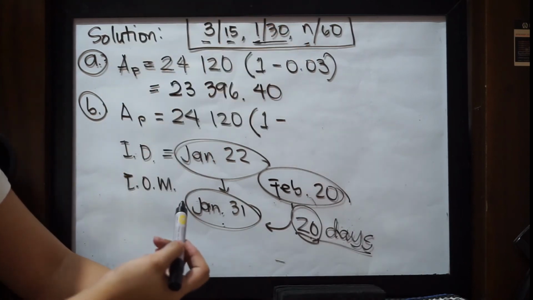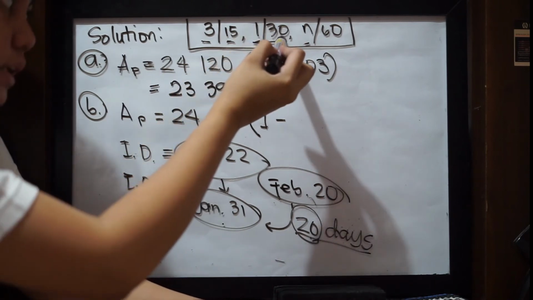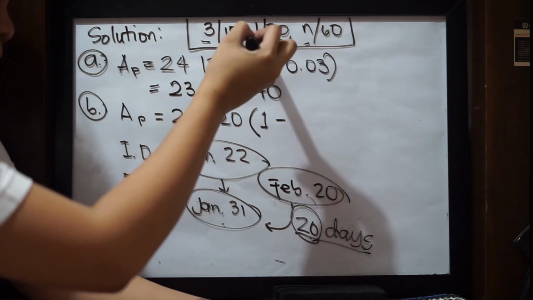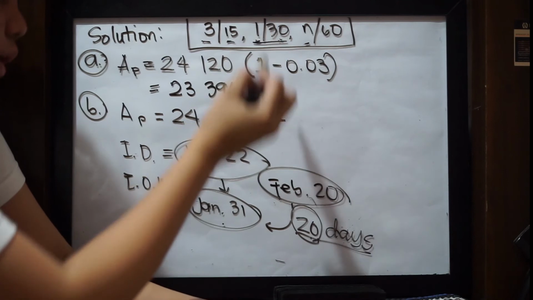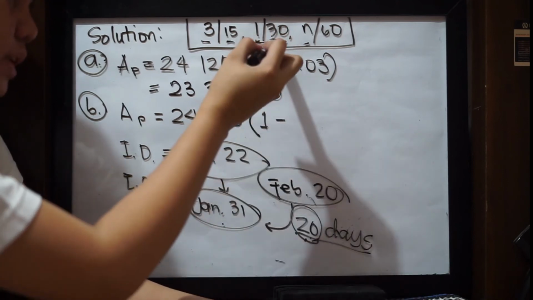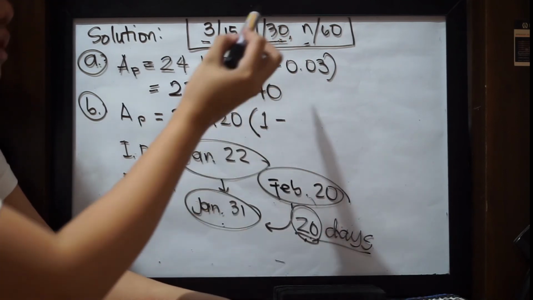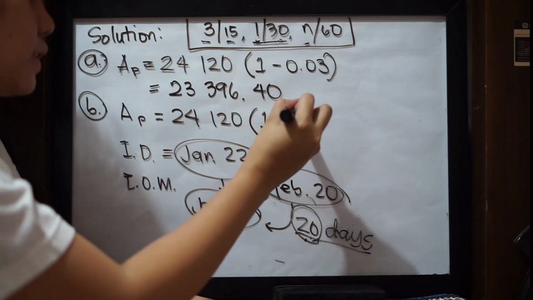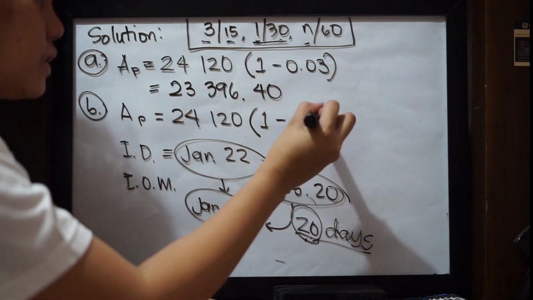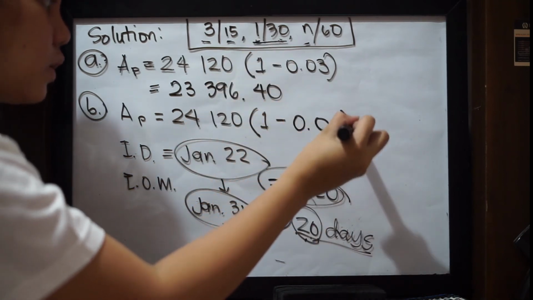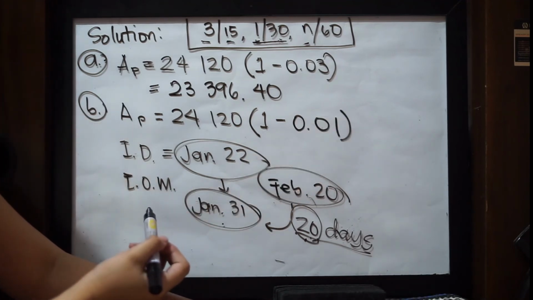1/30. So, within the 30-day range, merong 1% na discount. So, ito namang 20 natin within 30 days naman siya, 'di ba? So, ibig sabihin 1% discount rate is applicable. So, we will have the discount rate as 0.01.